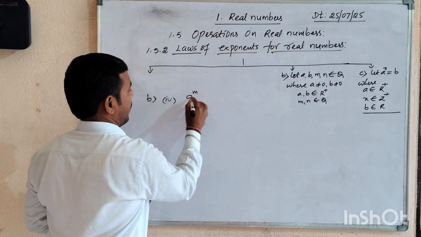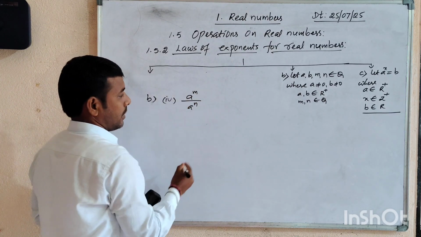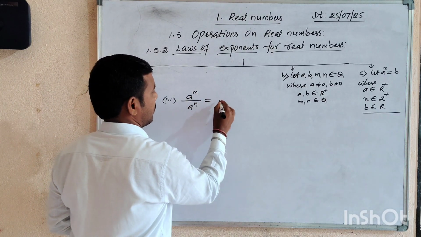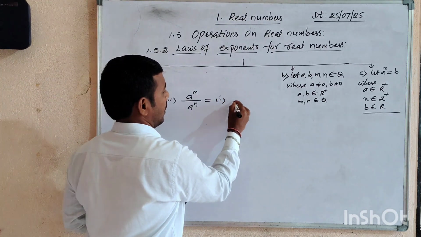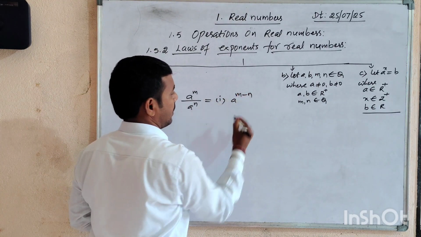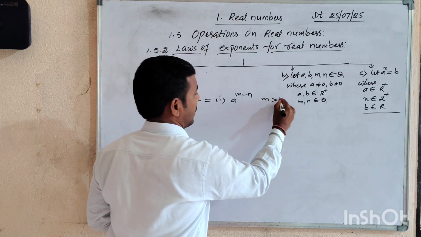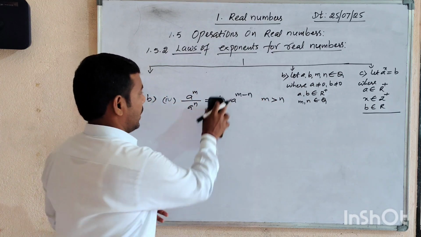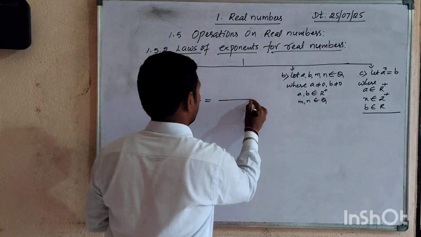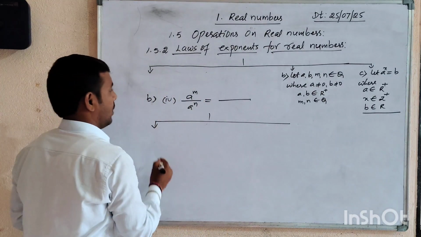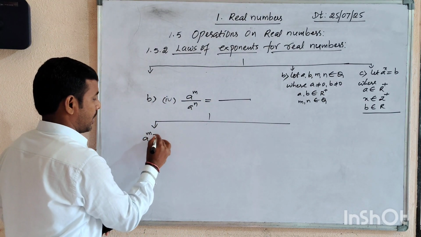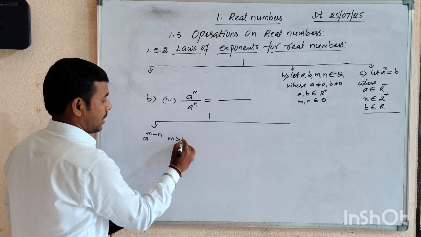a to the power of m by a to the power of n equals, there are three answers based on the condition. Number one, a to the power of m minus n, where m is greater than n. So it has three formulas now. One answer is a to the power of m minus n, where m is greater than n.